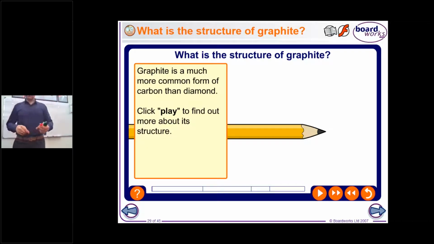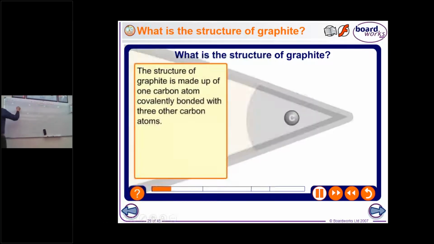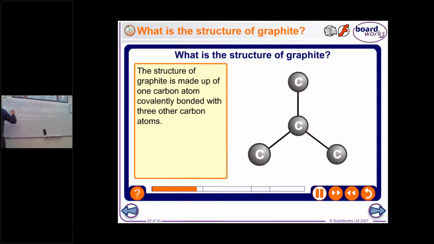So what about graphite? If you zoom in to the structure of graphite, what you will observe is that one carbon joins with 3 carbons. So automatically, what we have to remember here, as I said before, is that carbon can make 4 bonds. You can easily remember that. And that carbon has 1 free electron here.